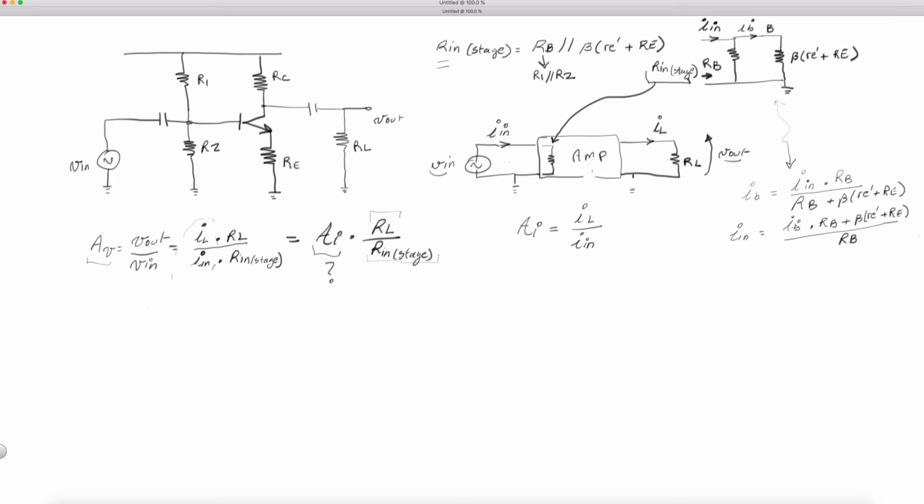So why did I do this? Why did I want it vis-a-vis IB? The reason is I can figure that out also for IL vis-a-vis IB.